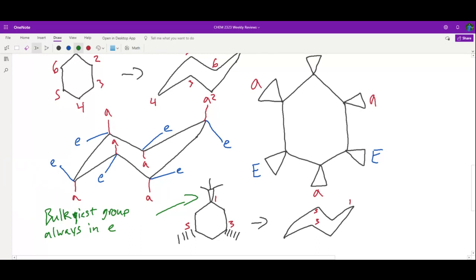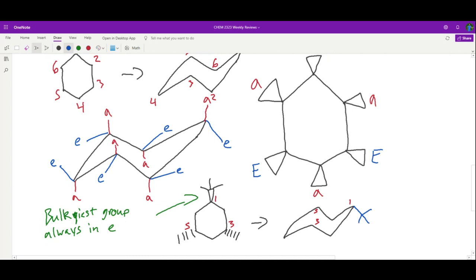You'll notice that if you put your bulky group in the same direction, whether that's a wedge or a dash, or right next to each other, they clash together. That clashing creates instability. So we can avoid that instability by placing it in a unique direction. We are choosing to make that carbon 1, and we are choosing to put that wedge in an equatorial position. So this would go right here.